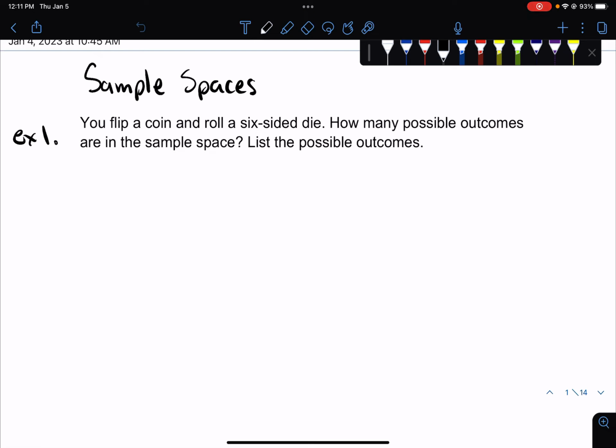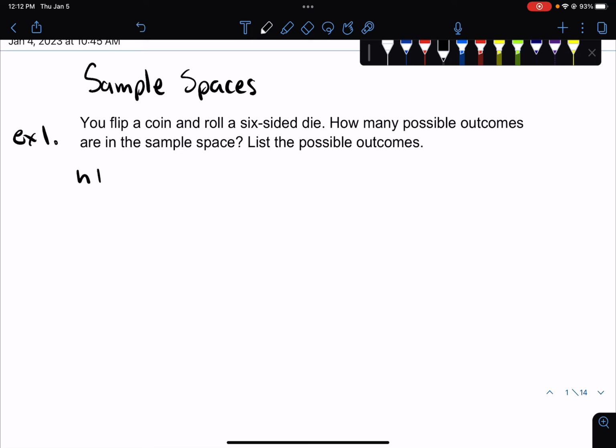So the first thing is sample space. If I have an experiment that I'm doing, if I have a coin that I'm flipping and I'm rolling a 6-sided die, so I'm doing two different things, it wants to know how many possible outcomes are in the sample space, and it wants me to list them all, right? So I could flip a coin and get heads and roll a 1.